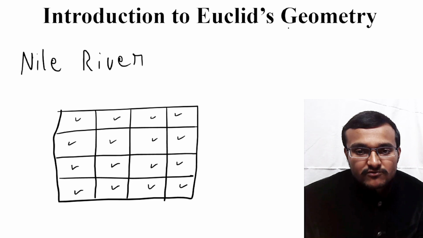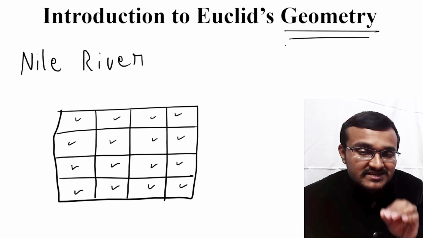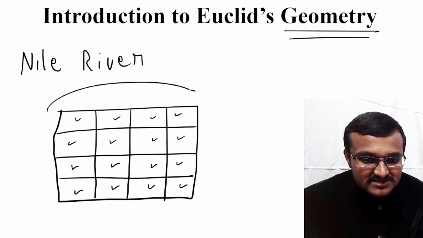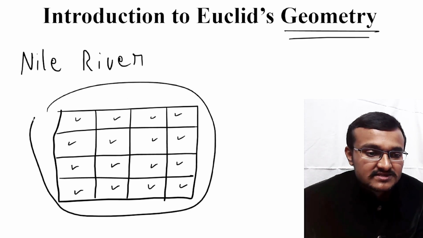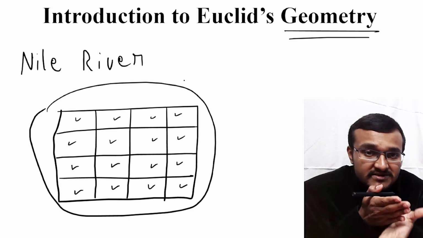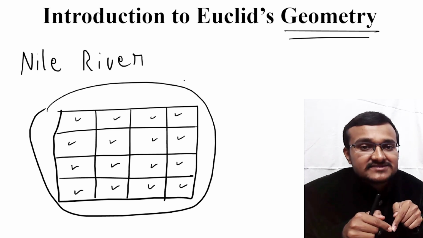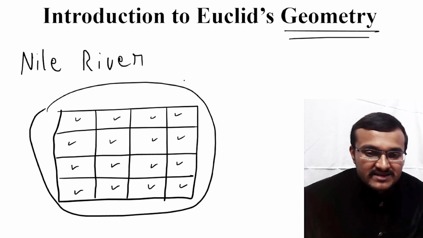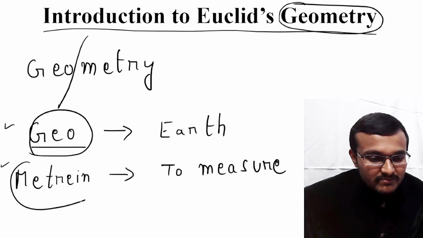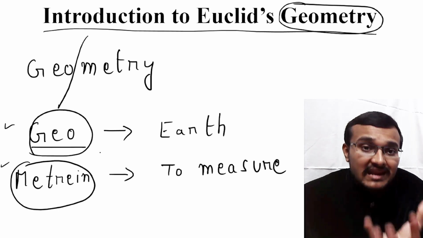For that we need the help of geometry. So measurement comes into the picture. Land is nothing but a piece of earth, so the measurement of the earth or the land is done. That's why this name, geometrian, was given. Basically, you are measuring the land.